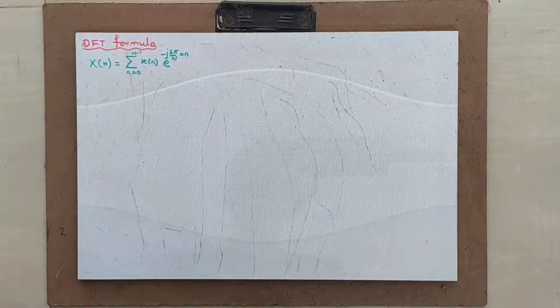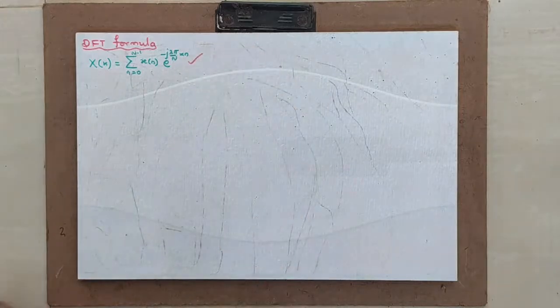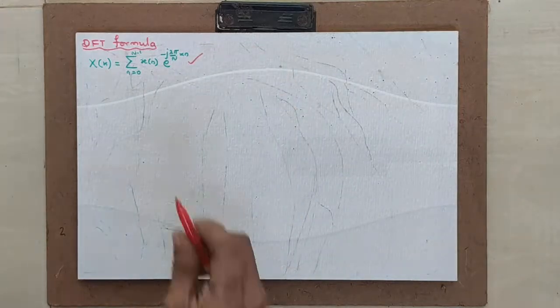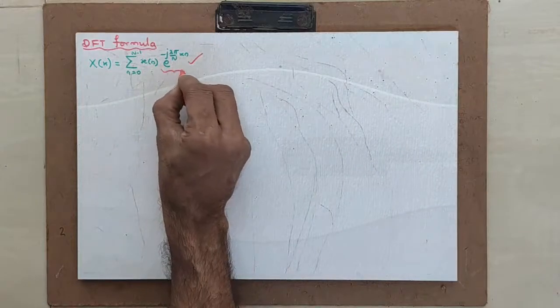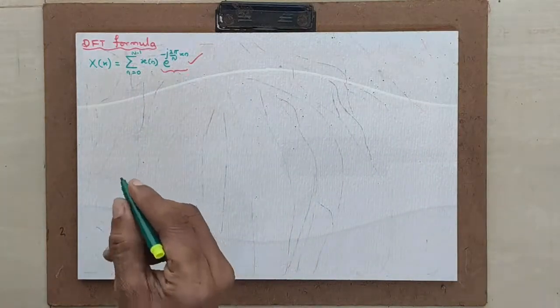Last class, in the first class, I had covered the DFT formula. This was the DFT formula. In this formula, whatever e raised to minus j 2 pi by n kn was there, that I had converted into the Twiddle factor.